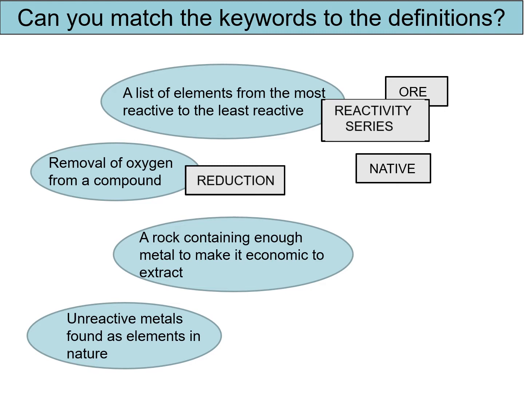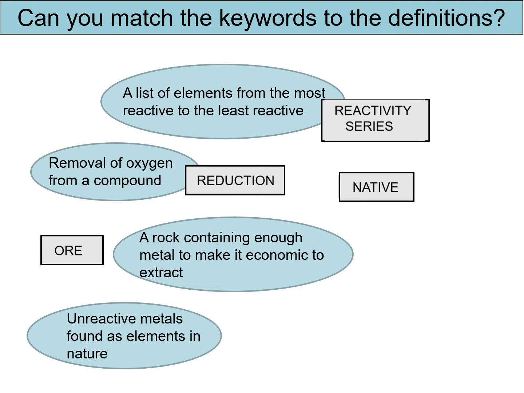We call that oxidation. The opposite of oxidation is reduction. A rock containing enough metal to make it economic to extract is called an ore. And unreactive metals found as elements in nature are known as native.